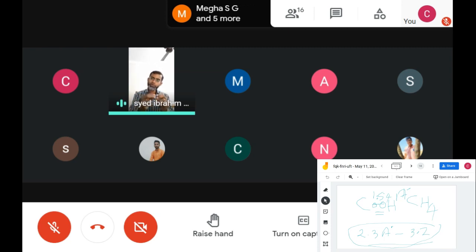It cannot come closer than 2.3 angstrom. If it comes closer than 2.3 angstrom, then there will be steric hindrance, because 1.54 is the covalent bond distance. It's already covalently linked with some oxygen or nitrogen.